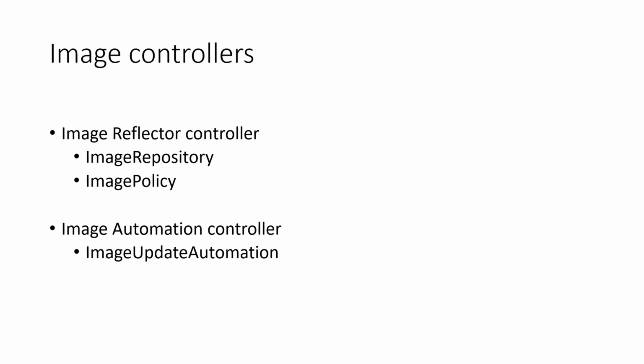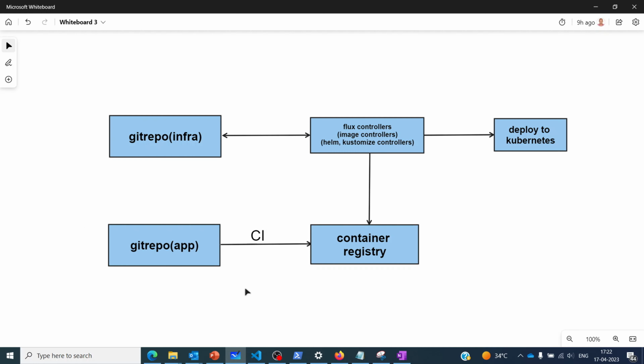To understand this better, let's look at a diagram. Here I have two Git repos, one for the app and the other for the infra. Any changes to the app will trigger the CI, which will push the changes to the container registry.